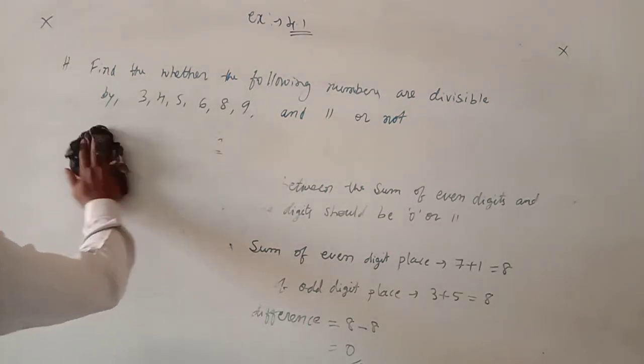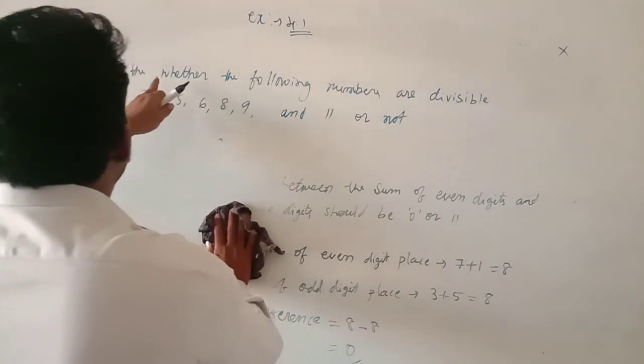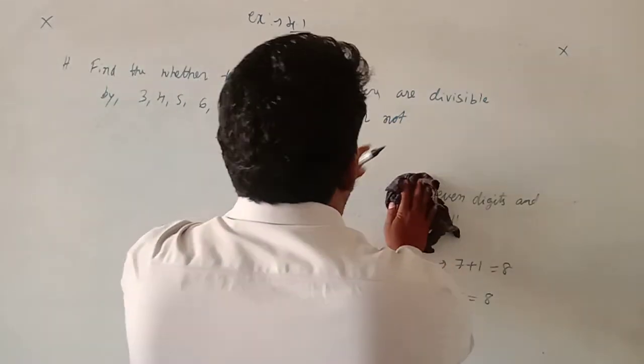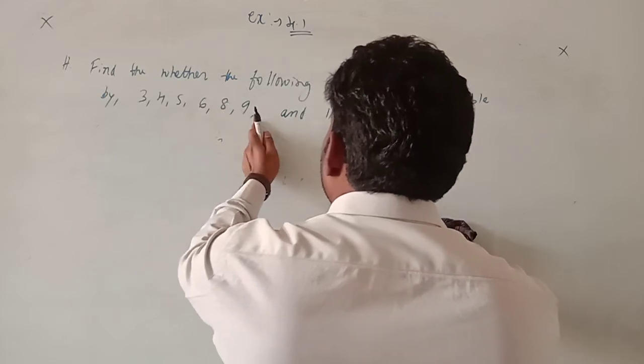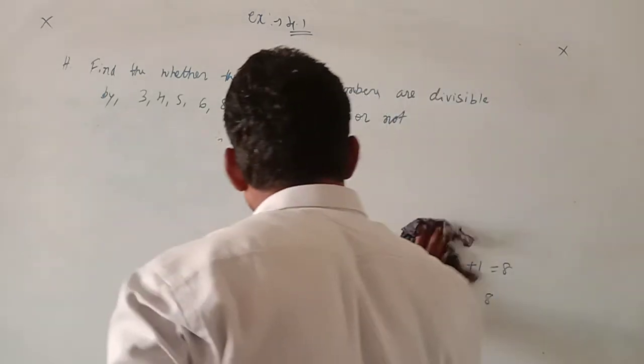The next question: find whether the following numbers are divisible by 3, 4, 5, 6, 8, 9 and 11 or not. Okay.